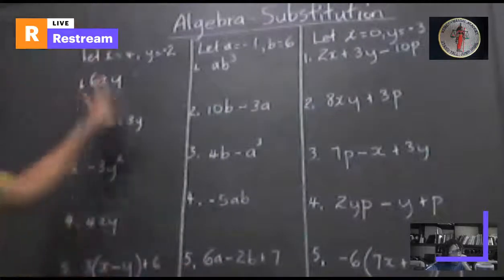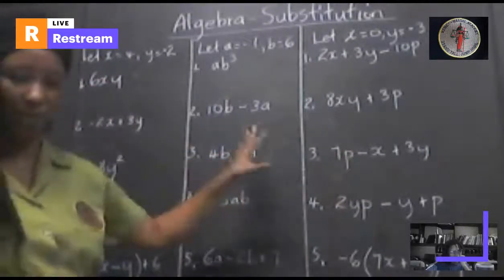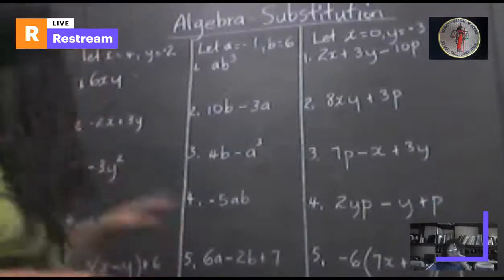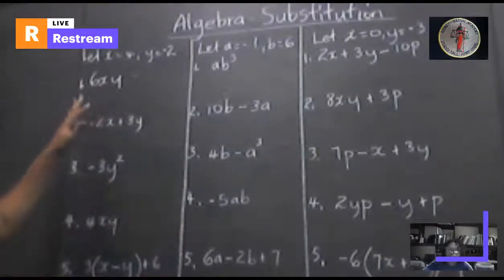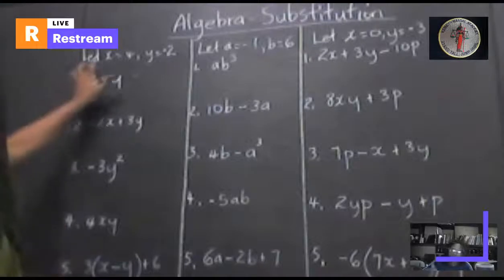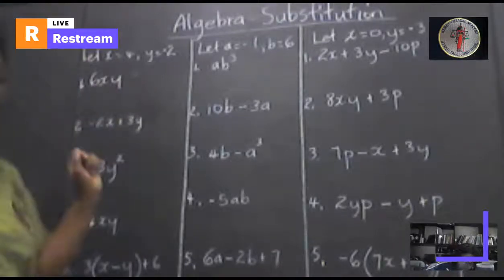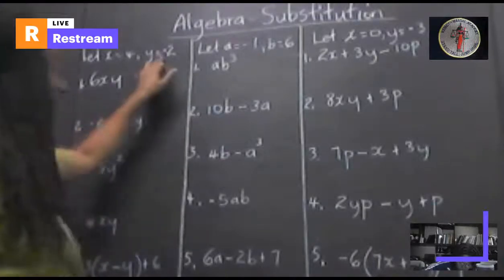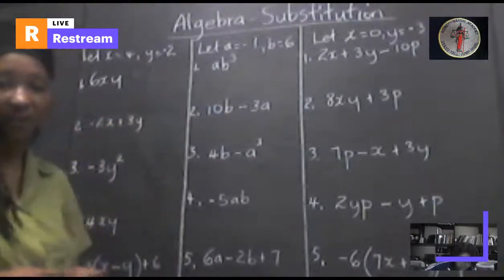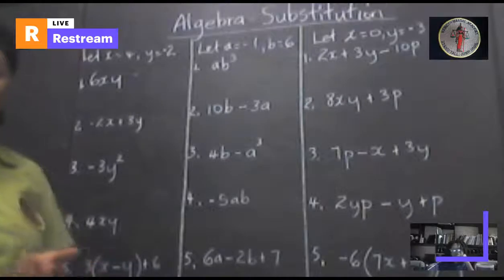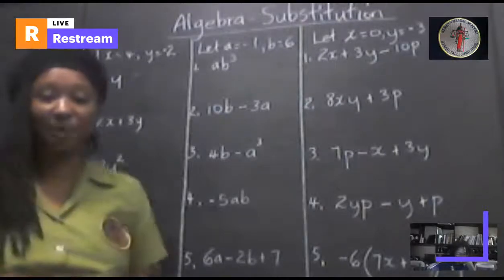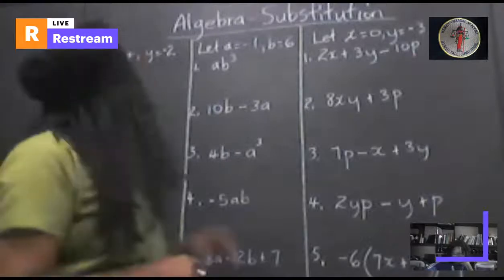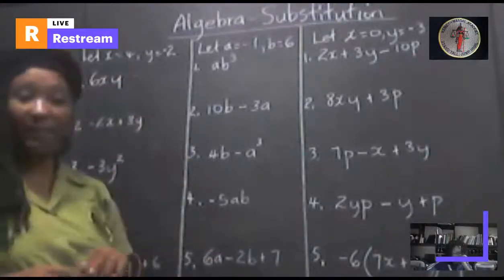For the first batch, we have 3 batches that we're going to work through tonight. For the first batch, we're saying let x be 4 and let y be -2. This is a scenario we're creating. At this time, we're going to let x be 4 and y be -2.